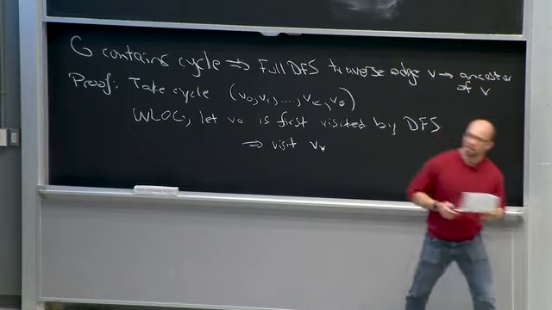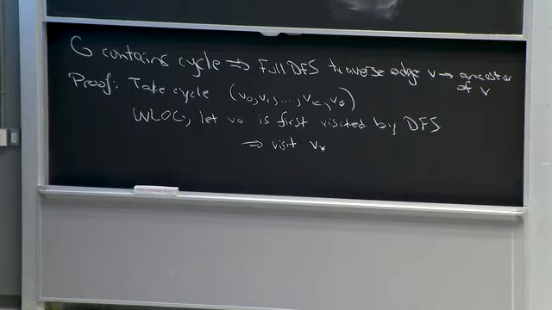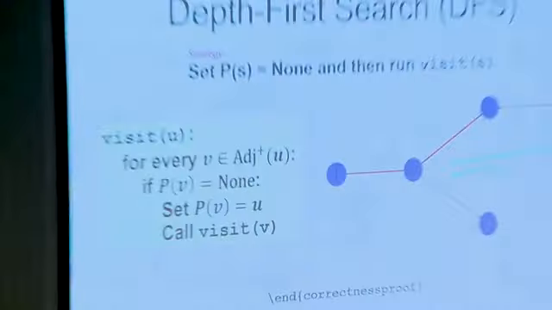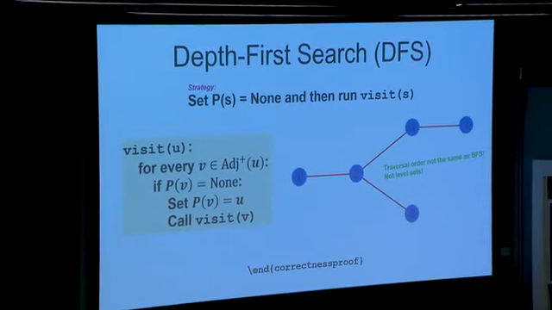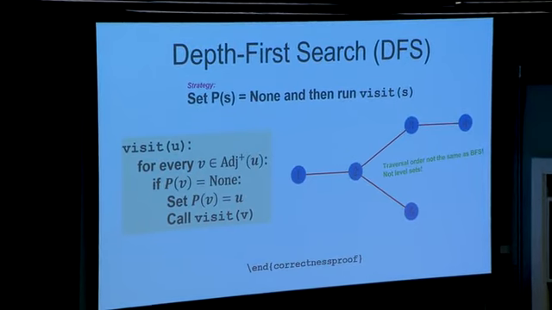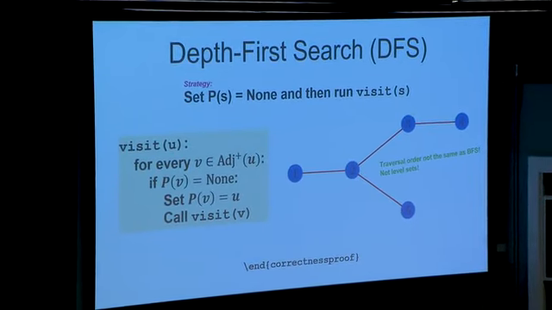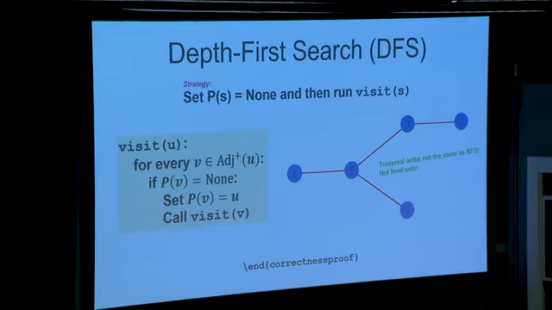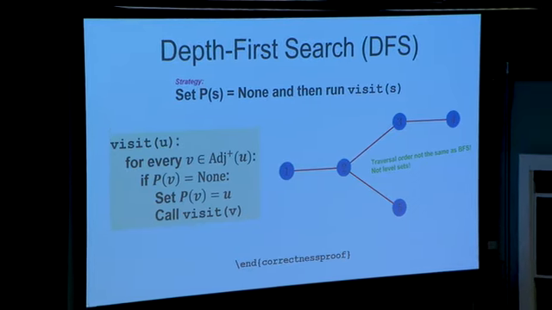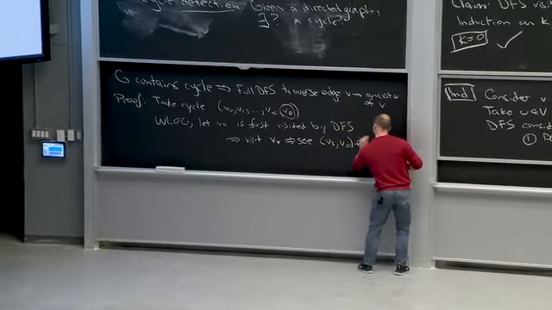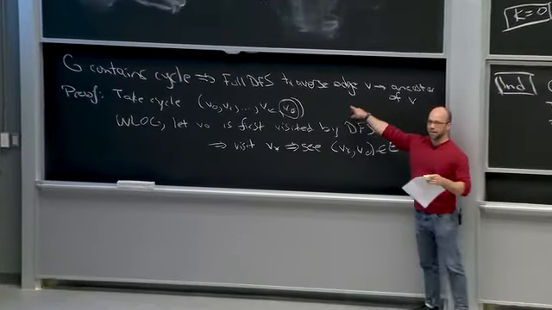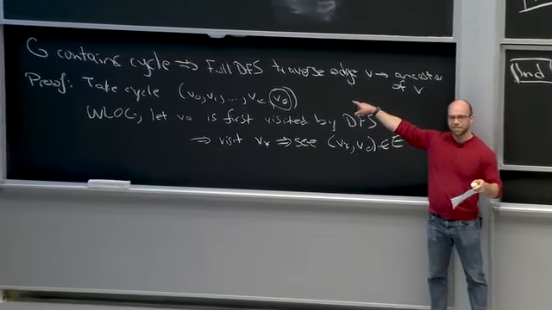And notice what's going to happen. So remember our algorithm. In fact, we should probably just put it up on the screen. It would be easier than talking about it a bunch. Well, VK is now going to iterate over every one of the neighbors of VK. And in particular, it's going to see vertex V0. So we're going to see the edge from VK to V0, which is an edge by definition, because we took this to be a cycle here.